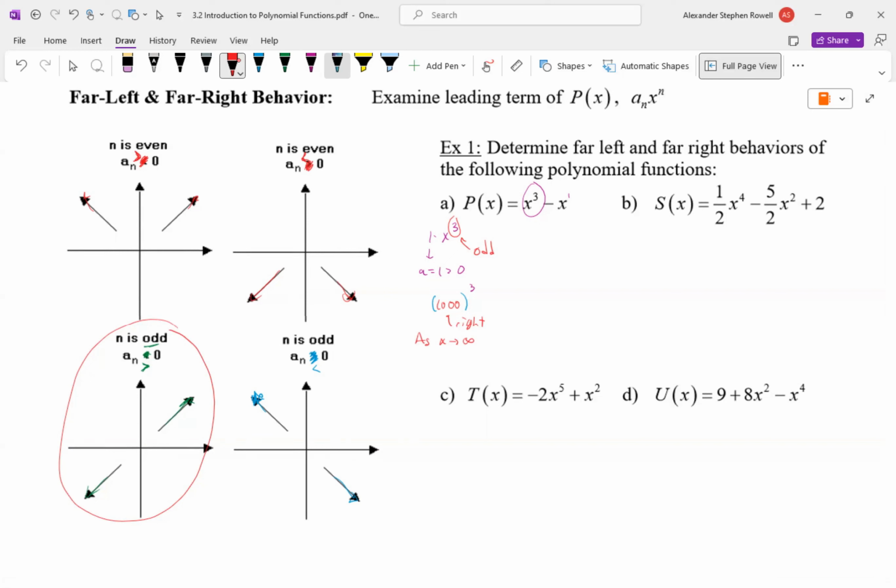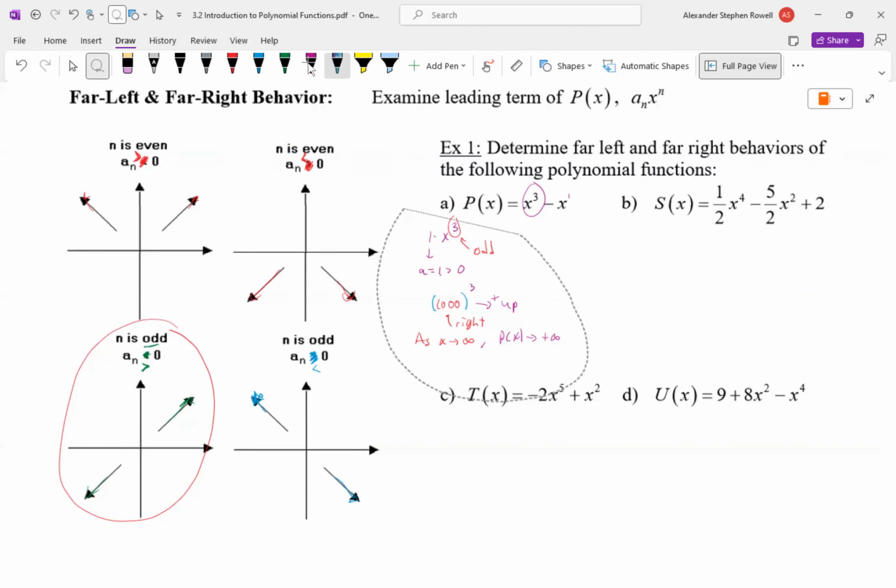Then if I cube it, I'm really saying my y value goes which direction? Yeah, so 1000 cubed is positive, which does mean it's going up. We say P of x goes up to positive infinity.